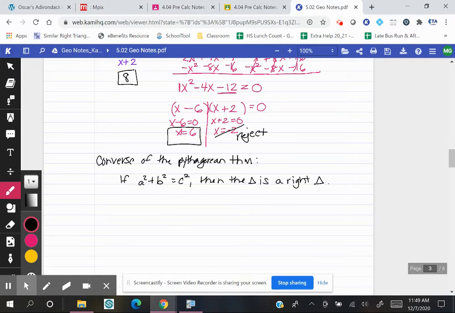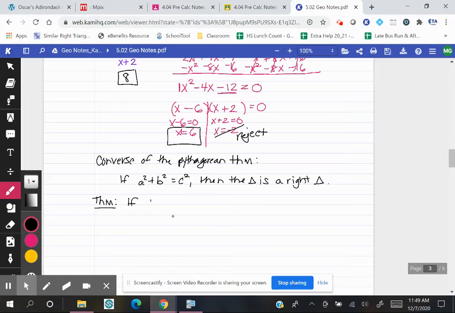So before, I gave you that it was a right triangle, and you found a missing side. So if we know that a squared plus b squared equals c squared, then I know it is a right triangle. I also know I can use this to help me classify triangles if I'm given their sides and I want to classify them by their angles.